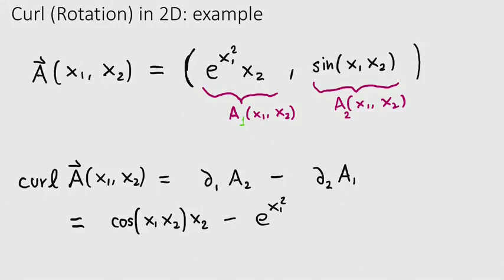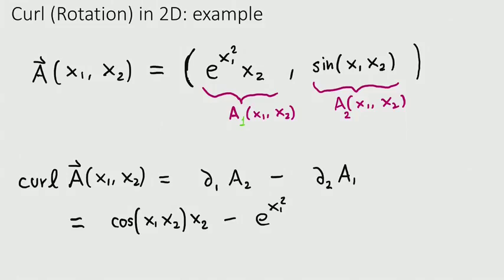That's very clear. And then the del 2 derivative of A1, the only thing that remains is the exponential of x1 squared. That's the only thing that remains. So that is the 2-dimensional curl of this vector field.